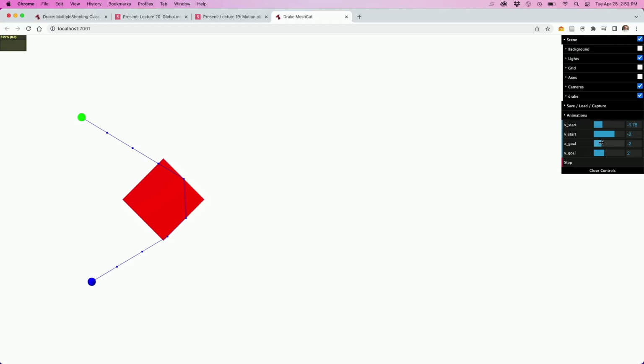The standard first combinatorial optimization tool that we put to task in these problems is mixed integer optimization. So let's write the same problem just a little bit differently.